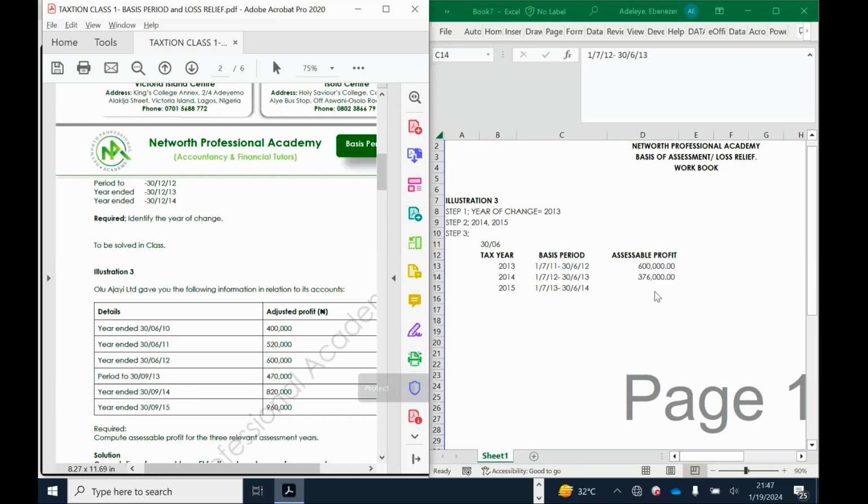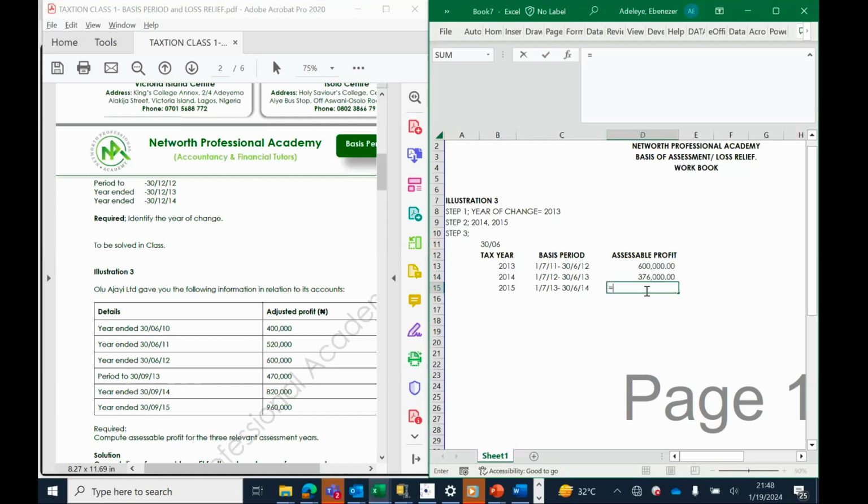Let me demonstrate it. For the first, from 30 September 2013, which is a 15-month period, we have 3 months remaining. So we have 3 divided by 15 times 470. How many months is remaining? 9 months.